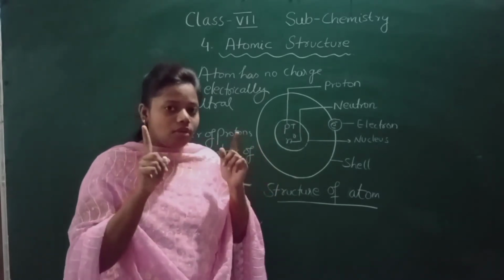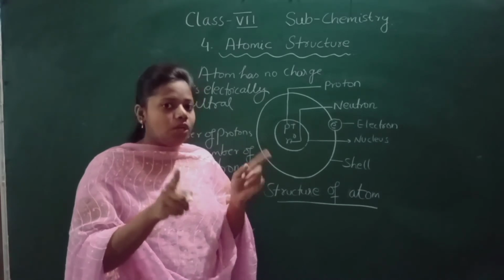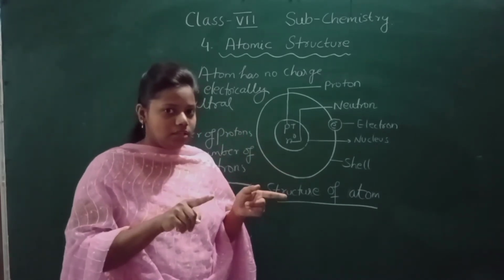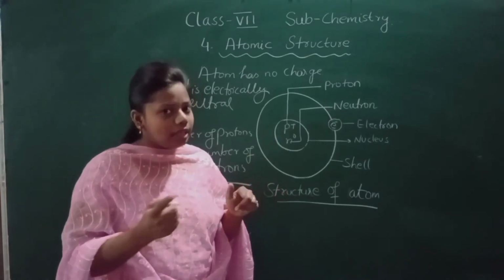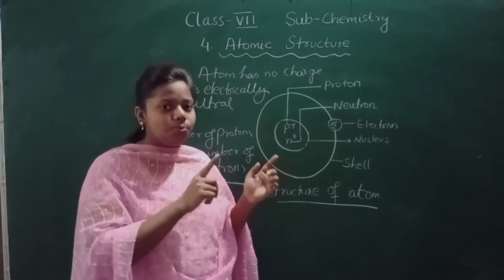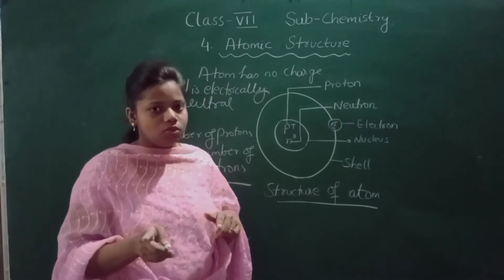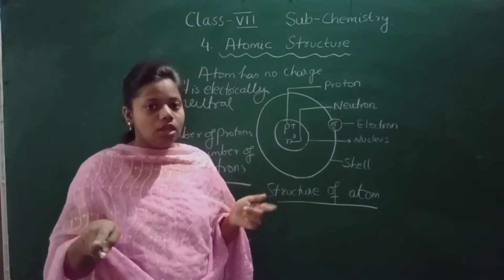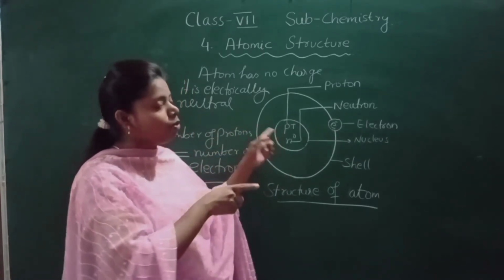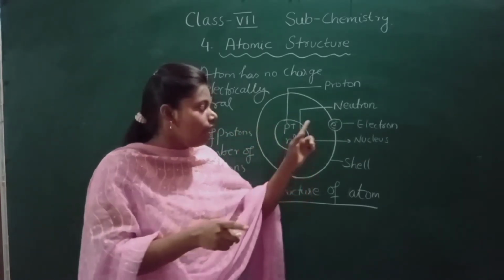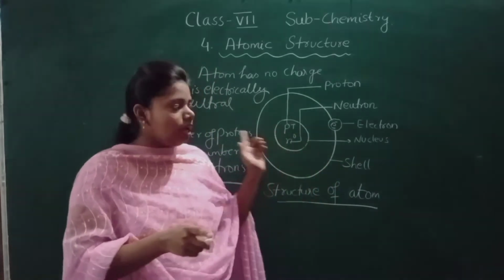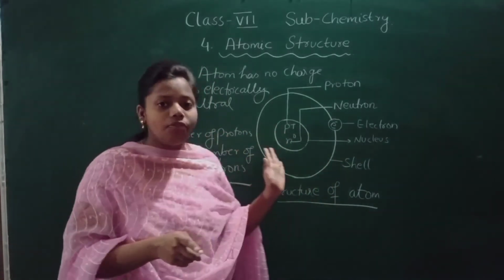In maths you have learned that when two integers are the same but with opposite sign, they cancel each other. If it is plus 2, minus 2, they cancel each other. Answer is 0. Same way you can see here that proton has positive charge, electron has negative charge. So number of protons is equal to number of electrons.